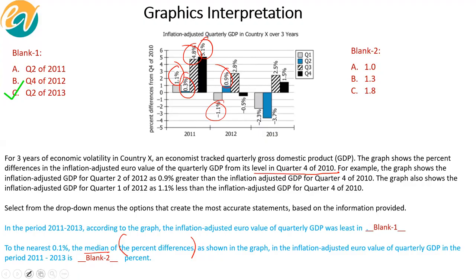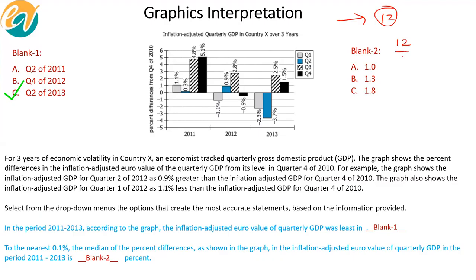Does anyone remember how we find the median? Middle value, right? When do we find the middle value? When the data are arranged in ascending or descending sequence, correct? Now, how many total data points do we have here? 12, right? Because 4 quarters in 3 years. Since the number of data points is even, how do we find the median?